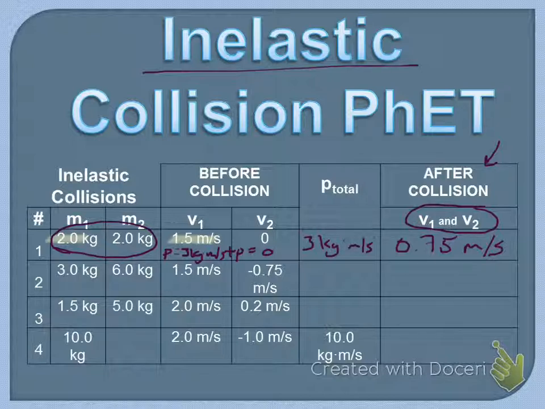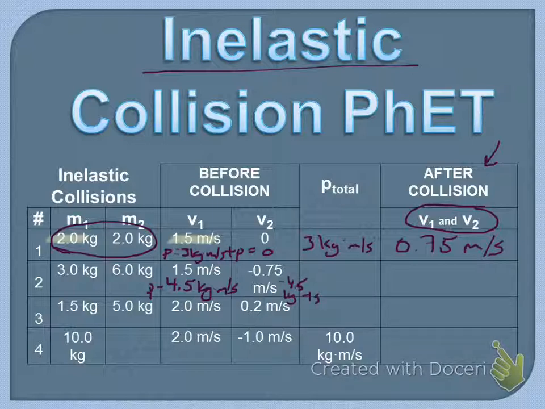Okay, for the next one, we have 3 for M1 times 1.5 for V1, and 3 times 1.5 is going to give us 4.5 kilograms meters per second, so that's our P. And for the second object in this case, it's going to be 6 times negative 0.75, so that actually equals negative 4.5 kilograms meters per second.